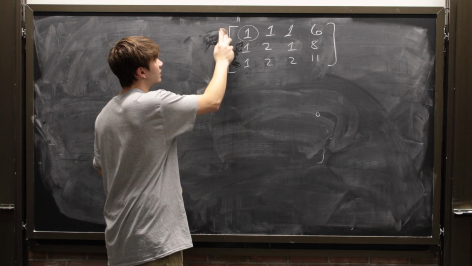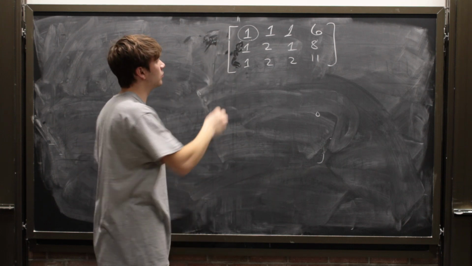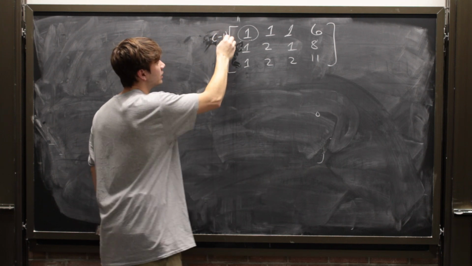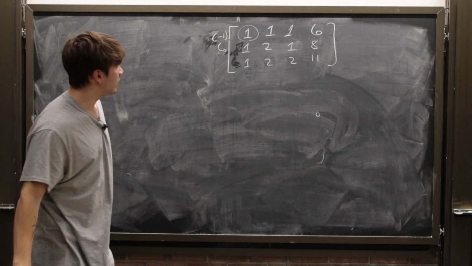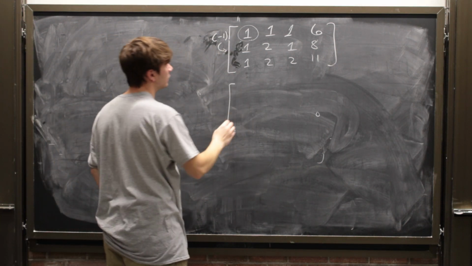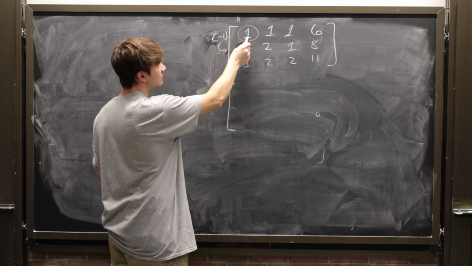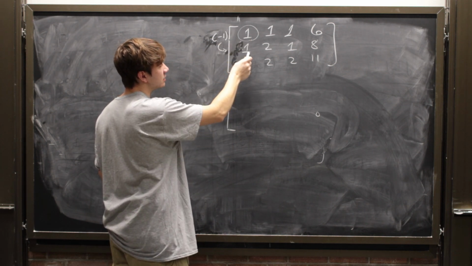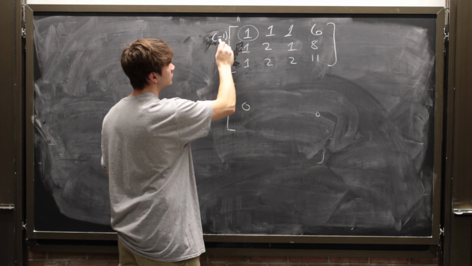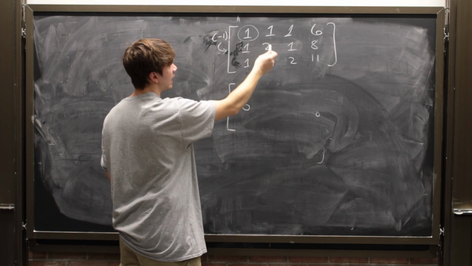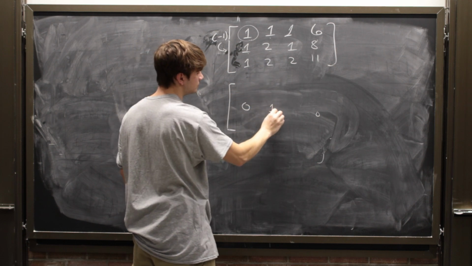Okay, so when I subtract rows, what I'm going to think about doing is multiplying this row by -1 and then adding it into this row. Okay? So when I do that, I'm going to end up with -1 times 1 is -1, added into this 1 is 0. This -1 times 1 is -1, added into the 2 is +1.